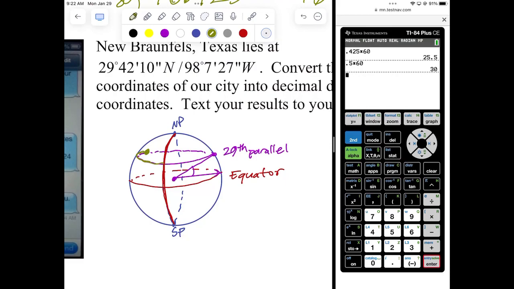Okay, that's a little bit past. Now your longitudinal lines are the same size as you rotate that great circle that runs to the North and South Pole. Just imagine spinning it around. Every single circle that you make is the same size, whereas the parallels are like slicing a tomato. They get smaller as you go up. So New Braunfels lives somewhere right there, around the corner. Okay, that's where we live.